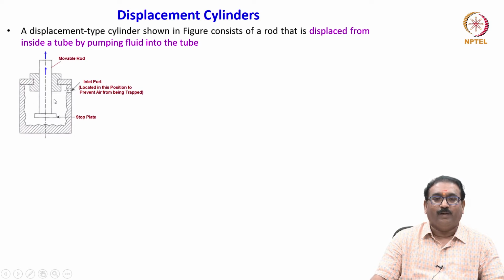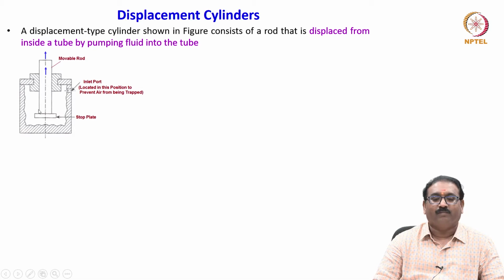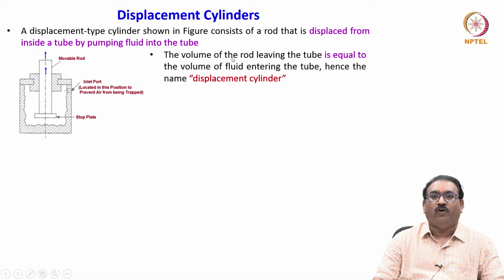See here, there is no piston, only the movable rod. The rod will be moved by the fluid, meaning the volume of the rod leaving the tube is equal to the volume of fluid entering the tube. Hence the name displacement cylinder.